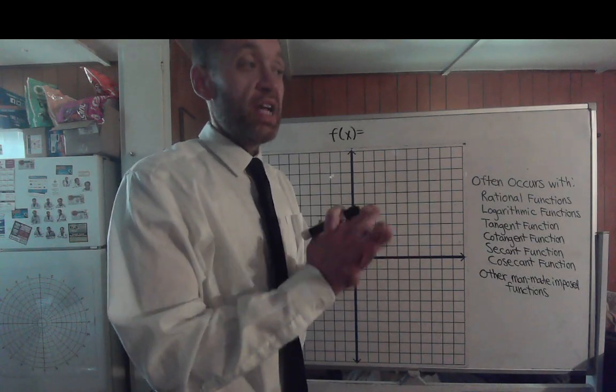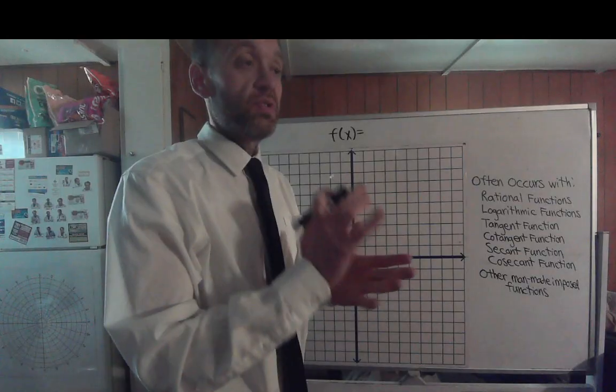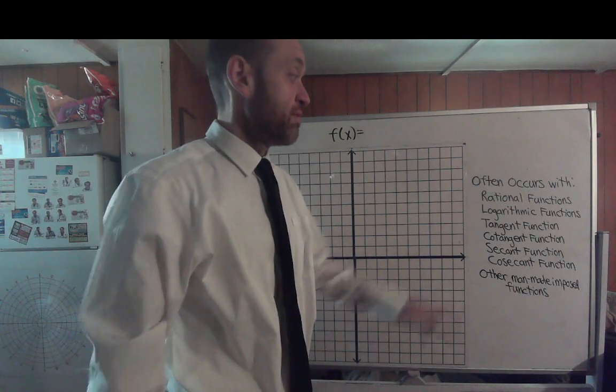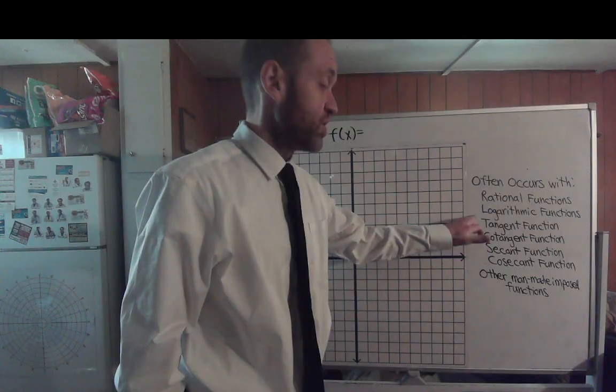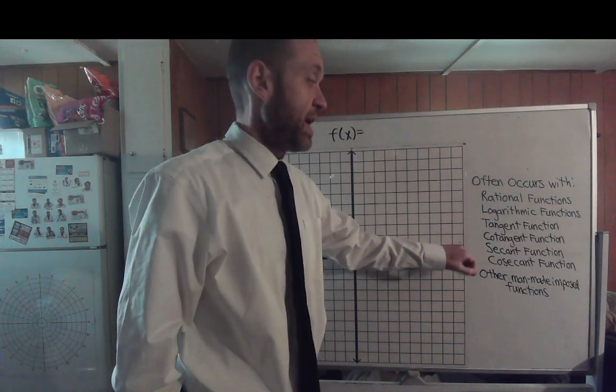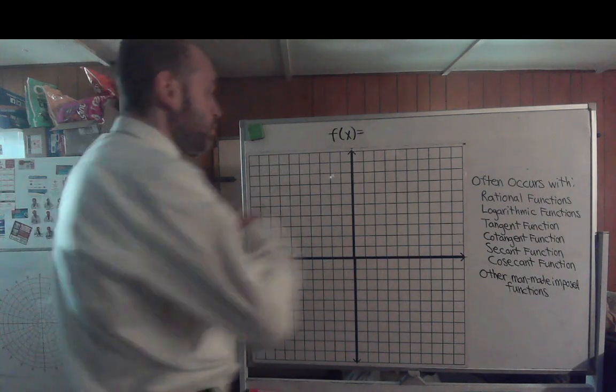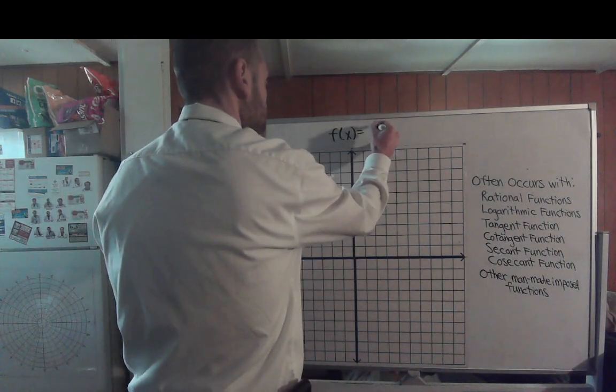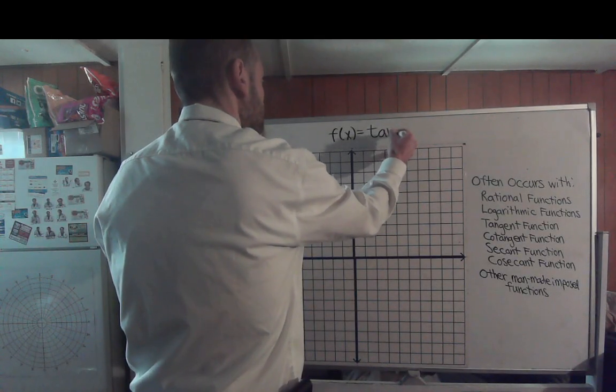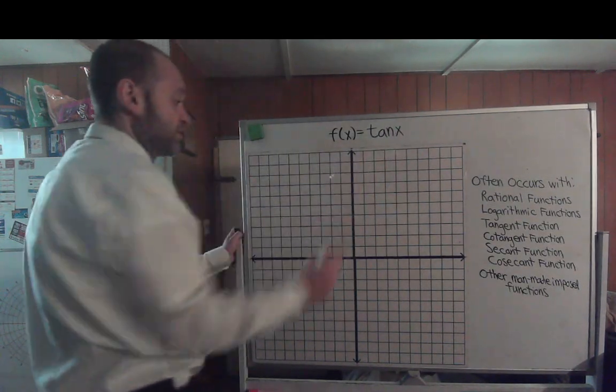That's your range, -1 to +1 for both sine and cosine, but for the other 4 trig functions, you have infinite limits. So why don't we do the tangent of x? So we'll do f of x equals the tangent of x.